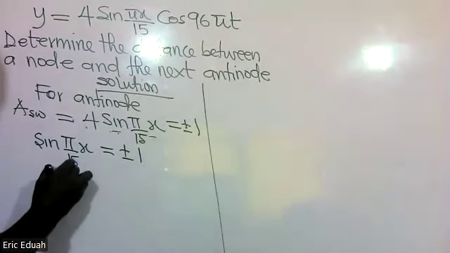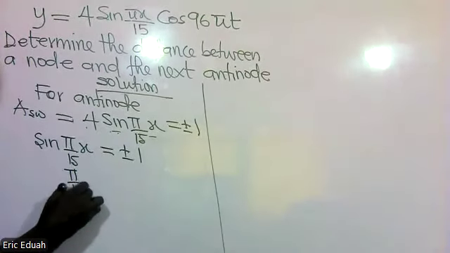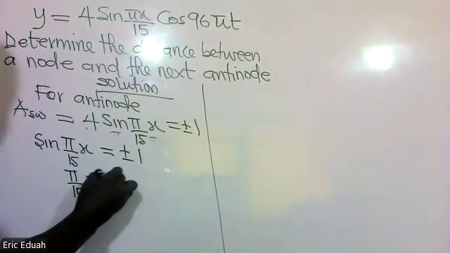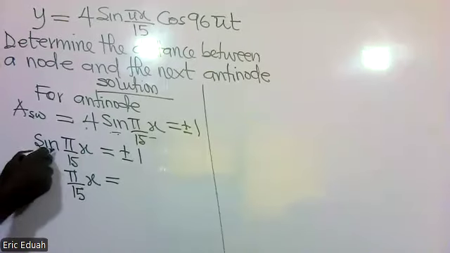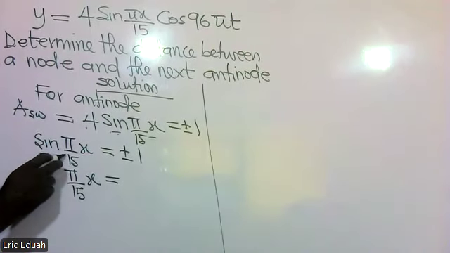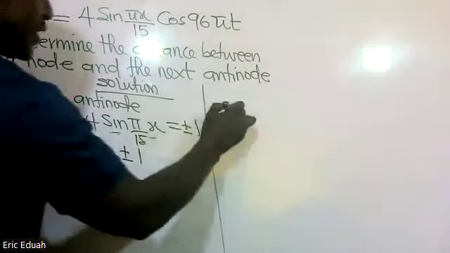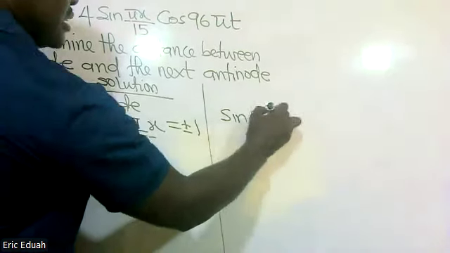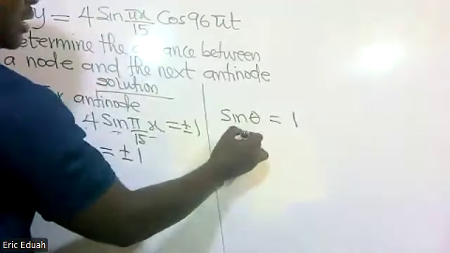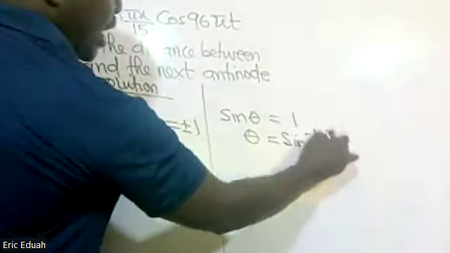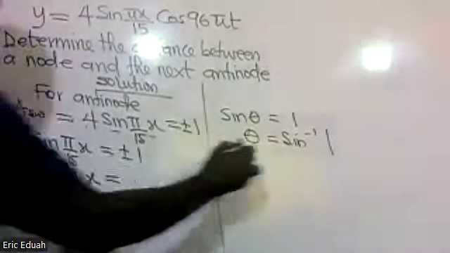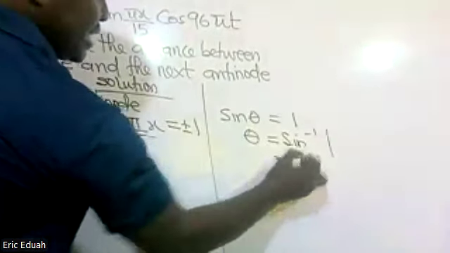Therefore, pi on 15 x must be equal to possible angles. This is similar to finding the sine inverse. If sine theta is equal to 1, theta is equal to sine inverse of 1, and theta will be 90.